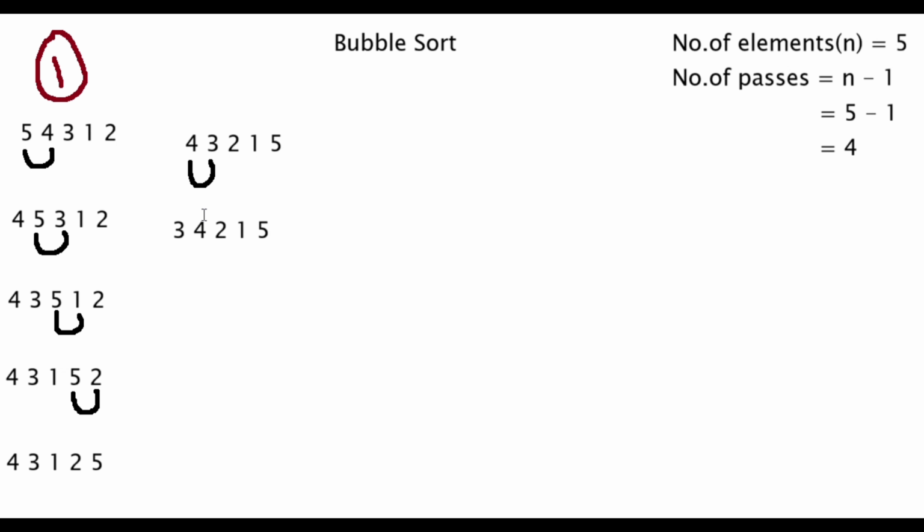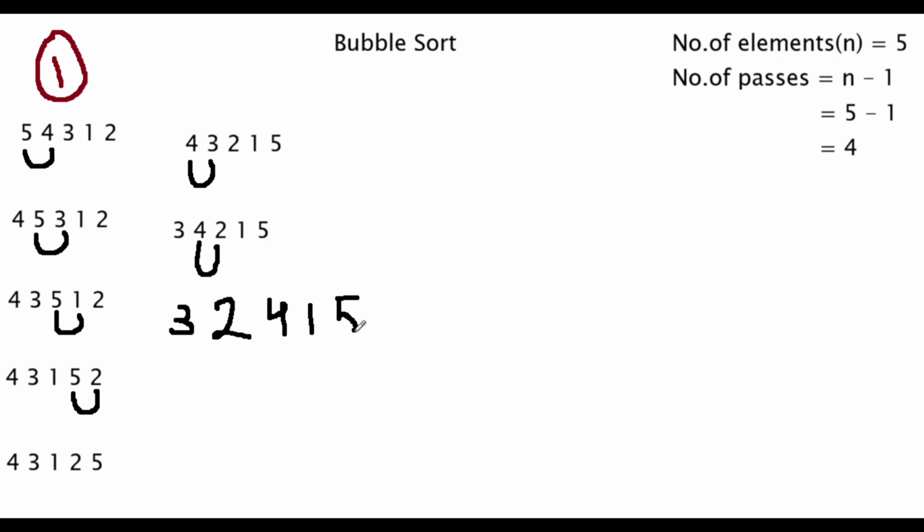Okay guys, I will move forward, because it will take time to explain all these things. So along with me you can also do it. We will compare the next ones, and it will be swapped again: 3, 2, 4, 1 and 5.